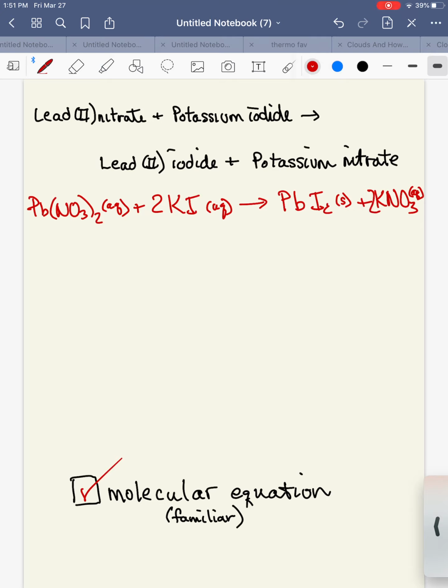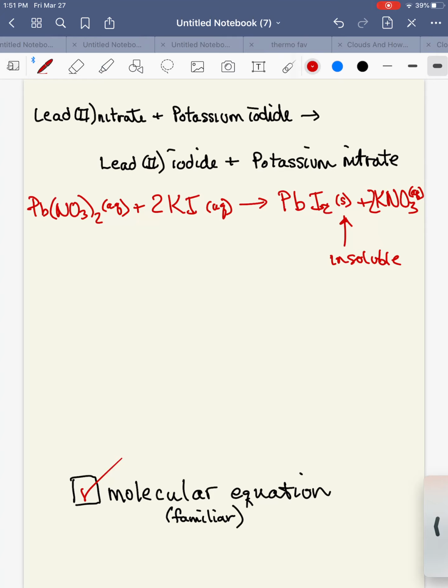And if you look at your solubility chart, on a double replacement reaction such as this, one of the products needs to be insoluble. We write that with an (s) for solid or insoluble. And lead compounds tend to be precipitates. If you're not sure and you've got lead, silver, or mercury, that's going to be your precipitate. If you've got any sodiums, potassiums, lithiums, nitrates, acetates, they're not going to be your precipitate.